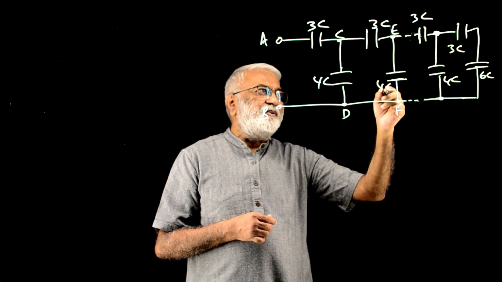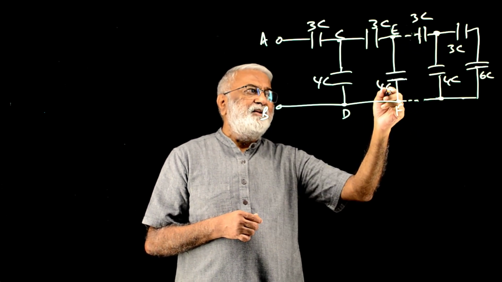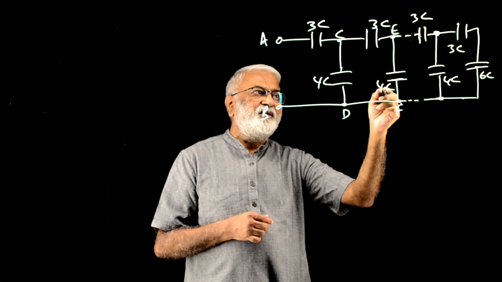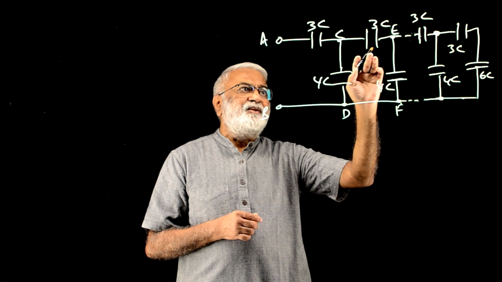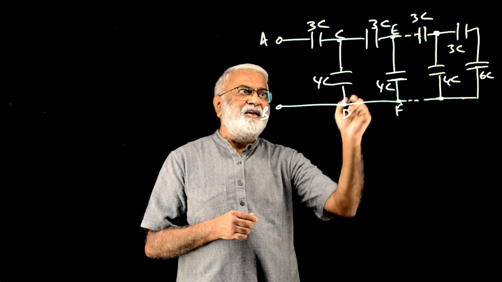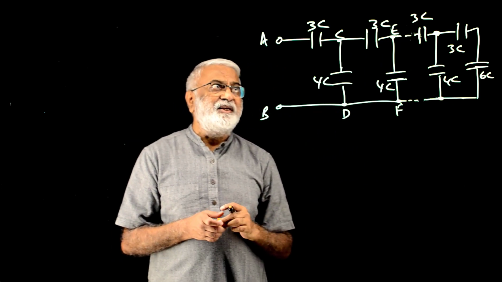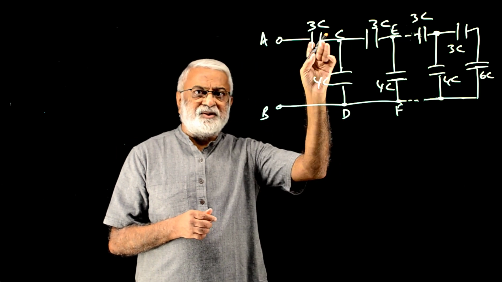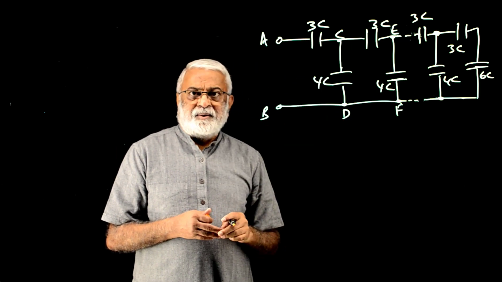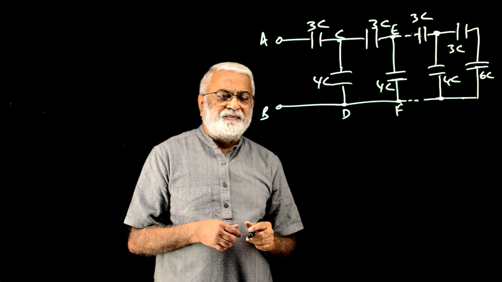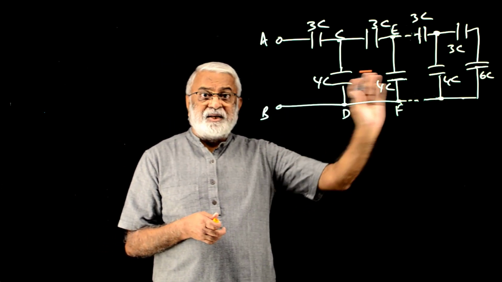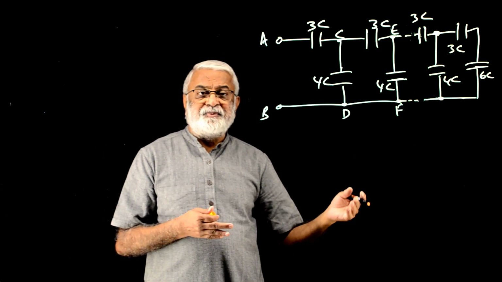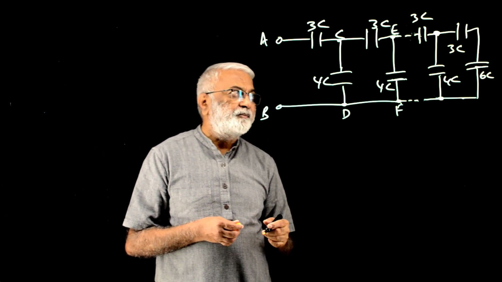So this will repeat, 2C and then 4C in parallel. Eventually you will get 6C between C and D, and 6C and 3C in series will give us 2C. So effective capacitance between A and B is 2C. It's a large network, but that doesn't bother us because there is a repetition here.